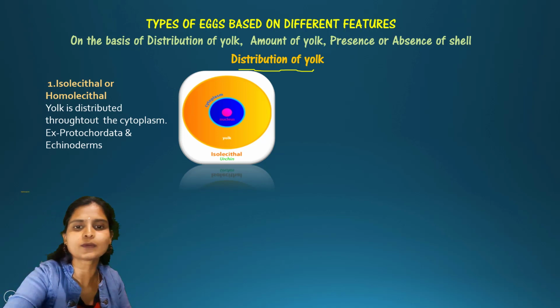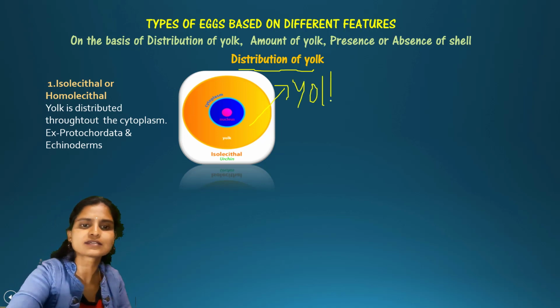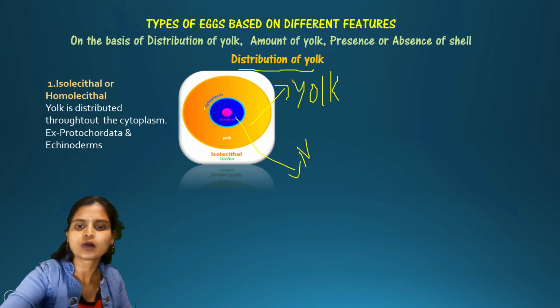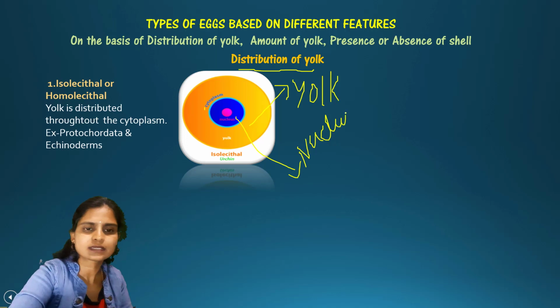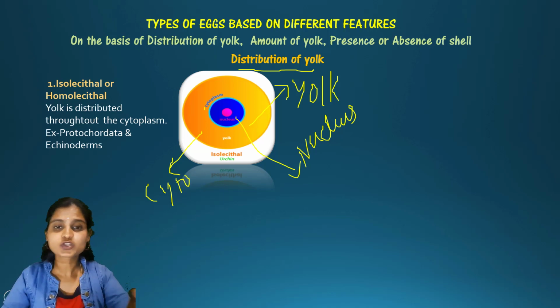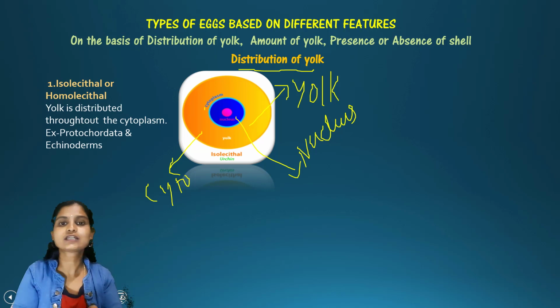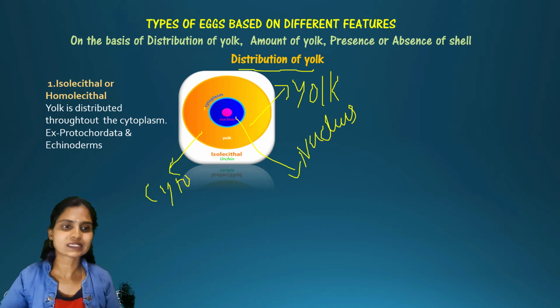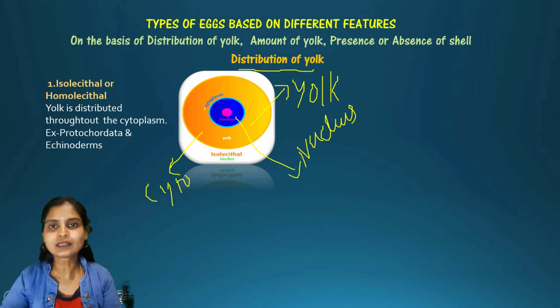This is the yolk, this is the cytoplasm, and this is the nucleus. The yolk is distributed completely and uniformly throughout, so we call this an isolecithal or homolecithal egg.